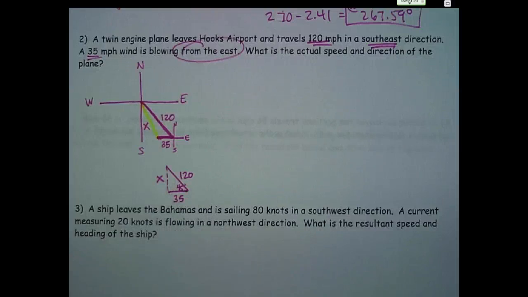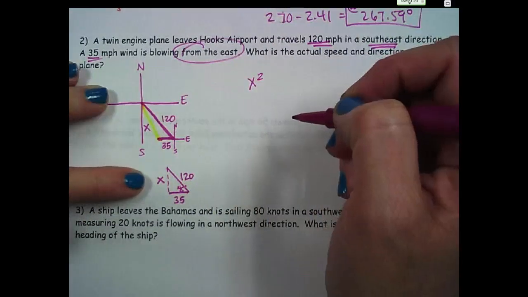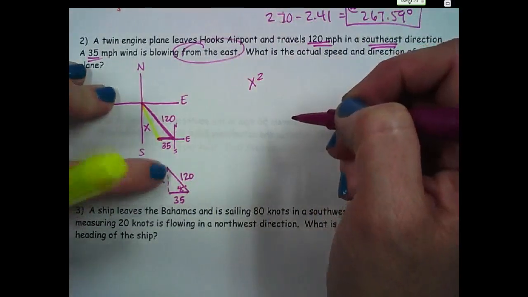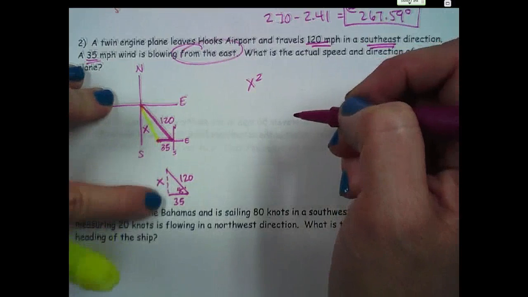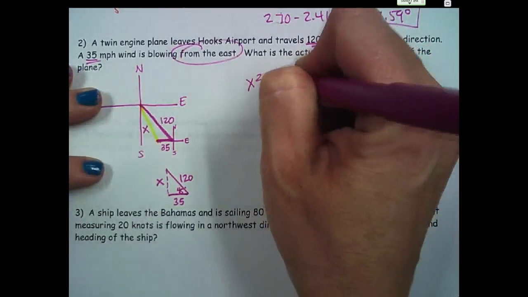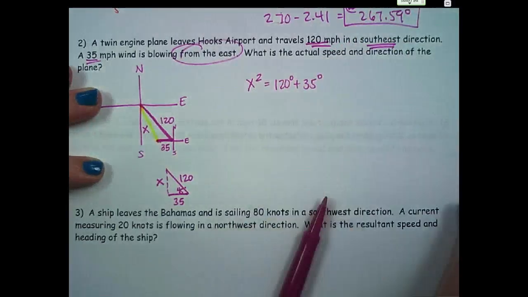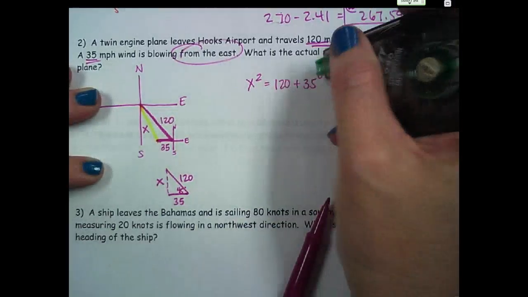Okay, now use your law of cosines to find the missing side. So I want to find x, so x squared, which is the speed of the airplane. That's what we're looking for. We're looking for this little distance right here, which is the speed of the airplane, equals the other two sides, 120 squared plus 35 squared. I'm sorry, there should be squares.